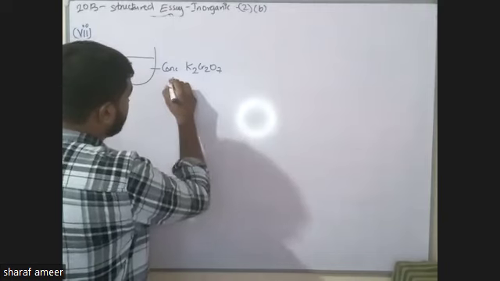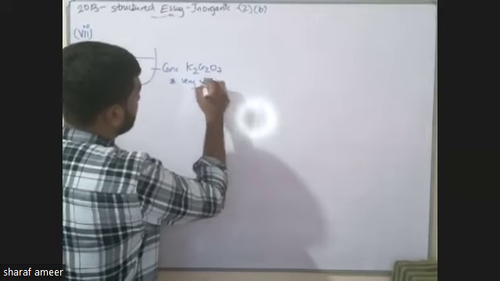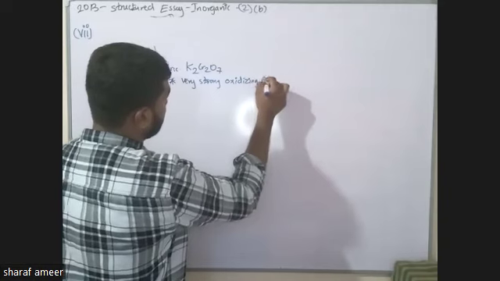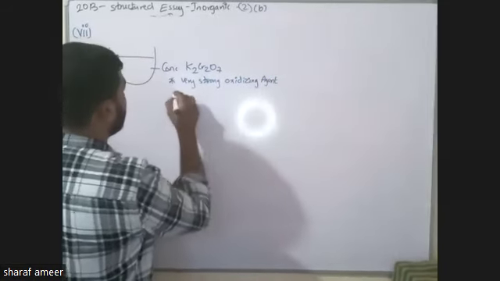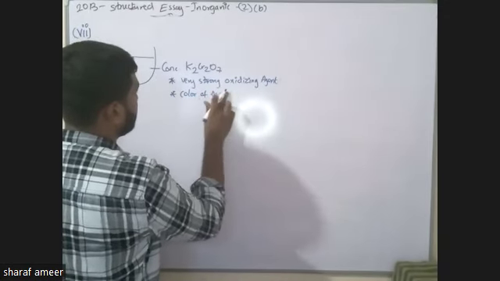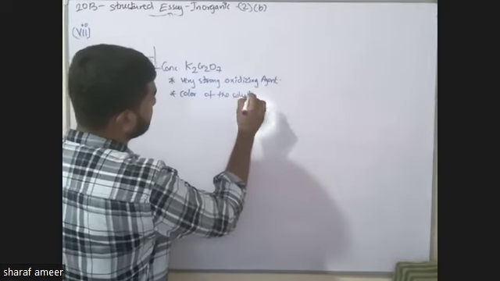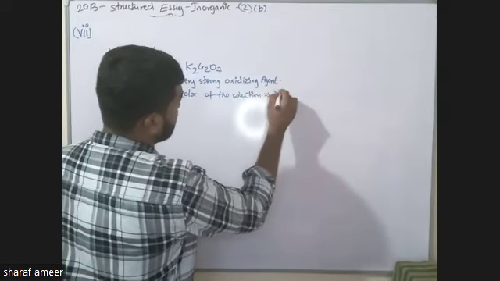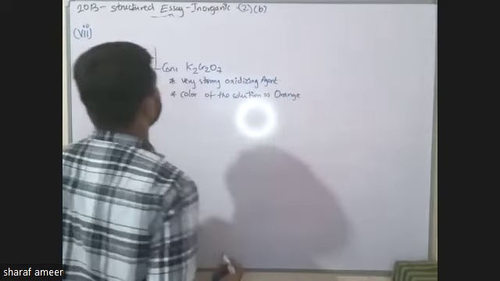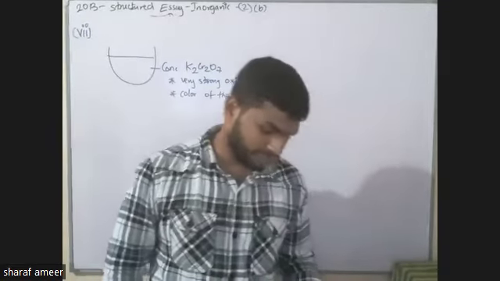Potassium dichromate is a very strong oxidizing agent, and the color of this solution is orange. So these are the two points we need to know: a very strong oxidizing agent, and orange in color.